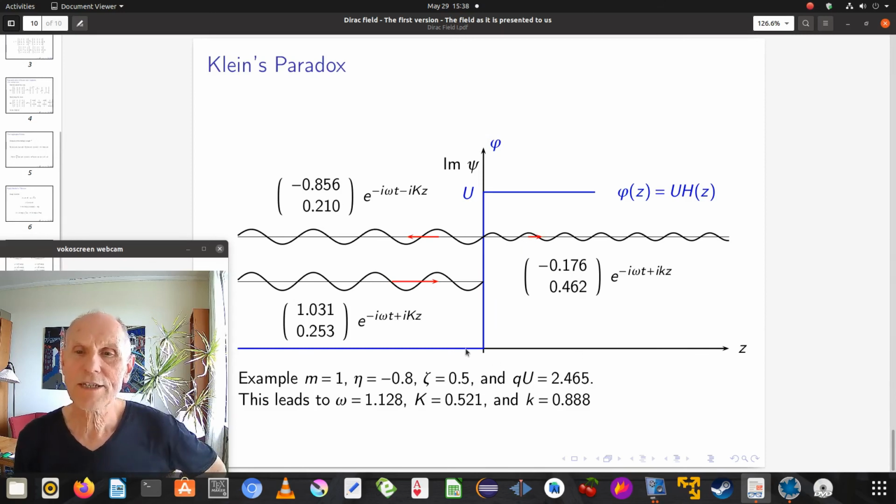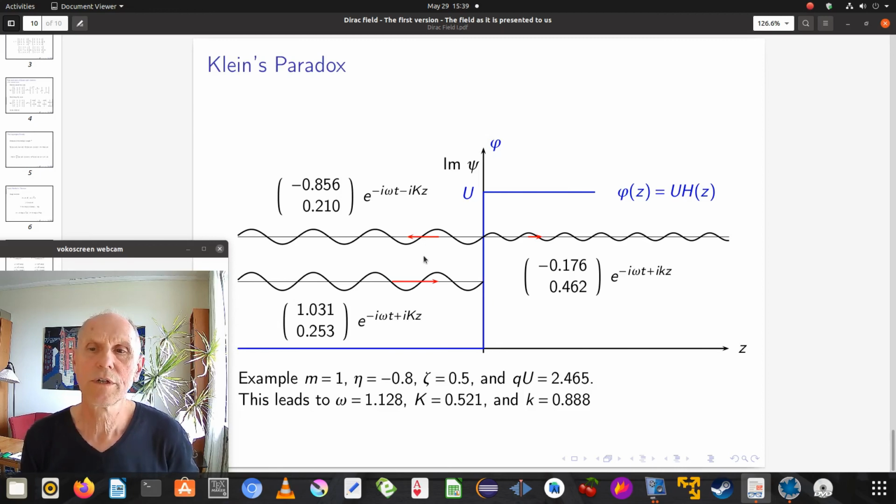This is the other example where we have an outgoing wave here, and eta is minus 0.08. Then the reflected wave is smaller than the incoming wave. I see I should have had a minus here, which is another mistake.